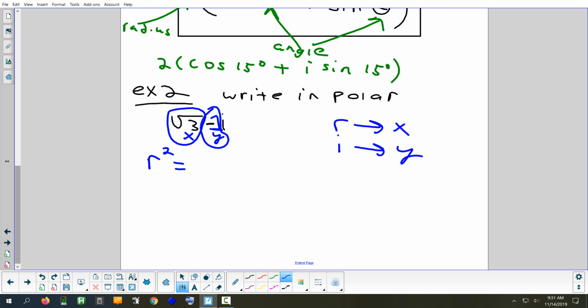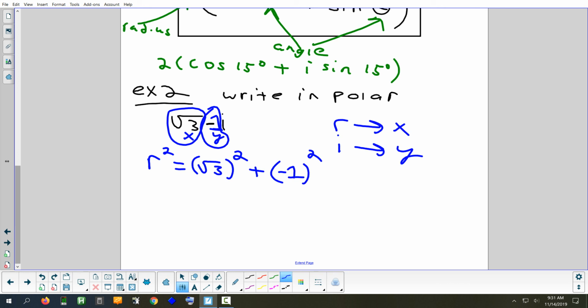Okay. So now we fill it in. Someone remind me, what's the formula? R squared equals X squared plus Y squared. We don't even have to do it out yet. The I is not part of it.